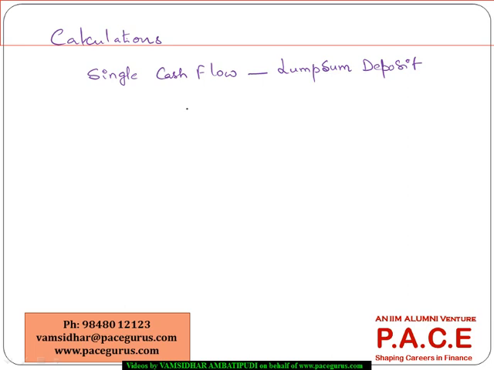What is the value that I will get out of it at a future date? So primarily we are trying to link three elements here. One, what we call present value, the amount as of today, typically denoted as PV.